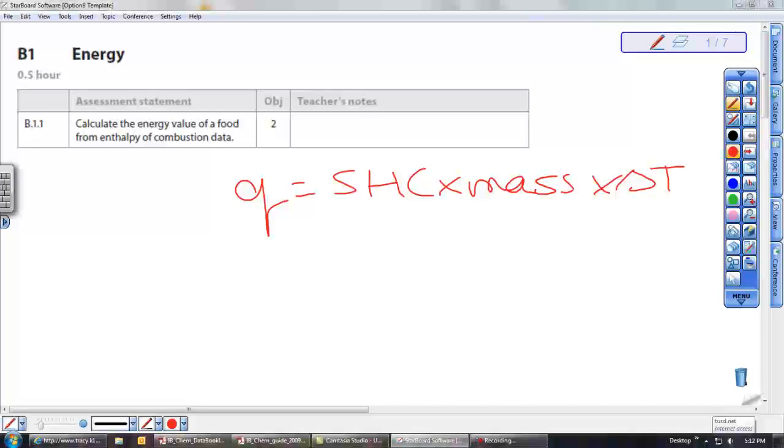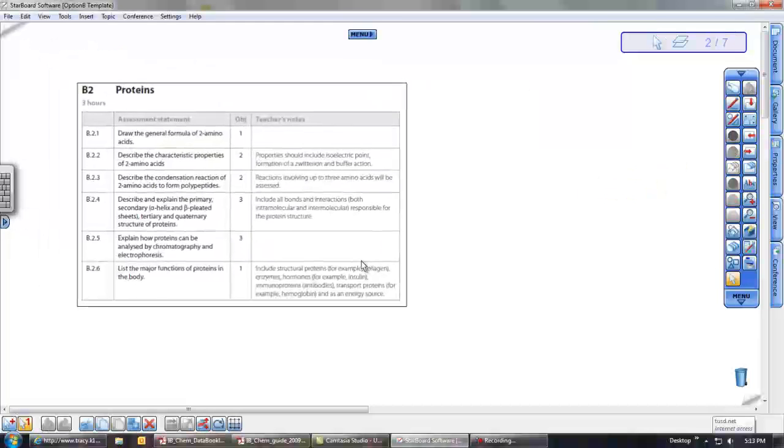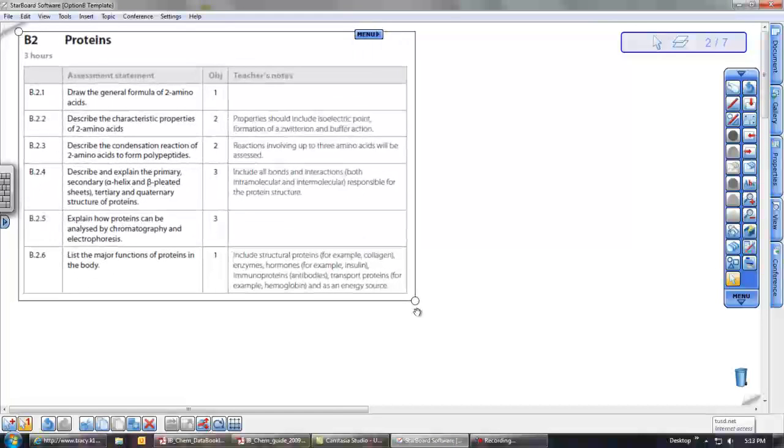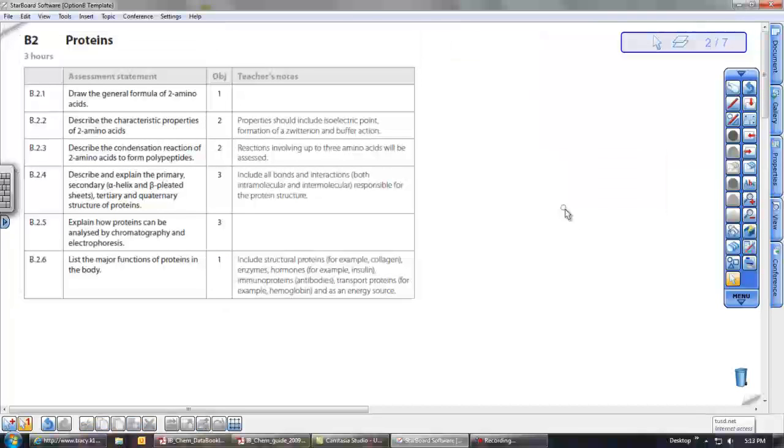Okay, next one. Proteins. Okay, let's slow down. Go proteins. We love proteins, except when we have to do something with proteins. So proteins, the subunit of a protein is an amino acid. Very important lesson here.